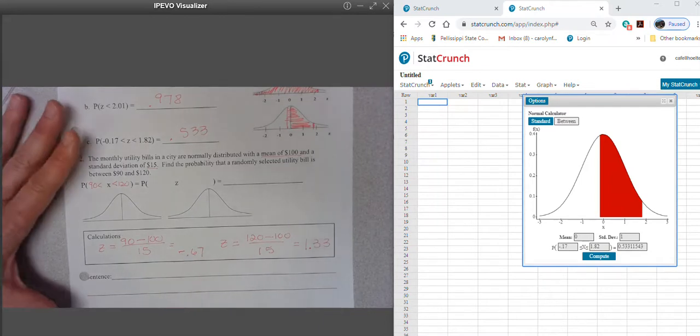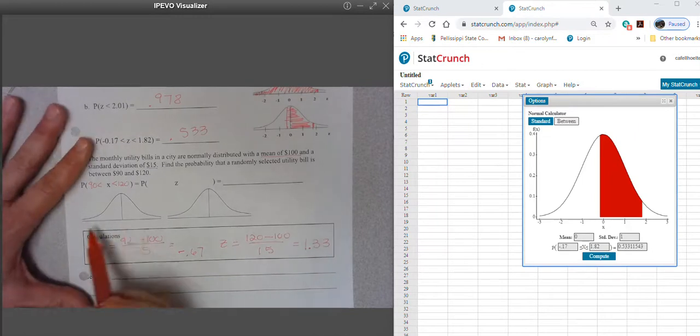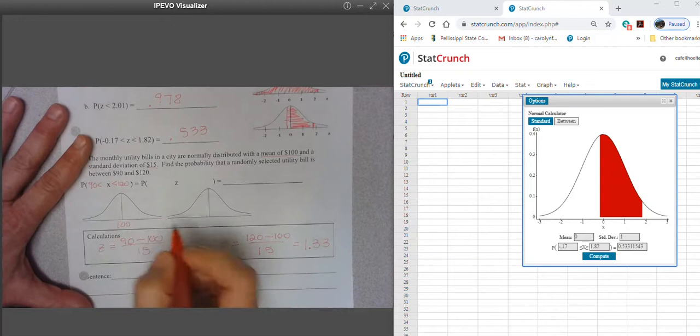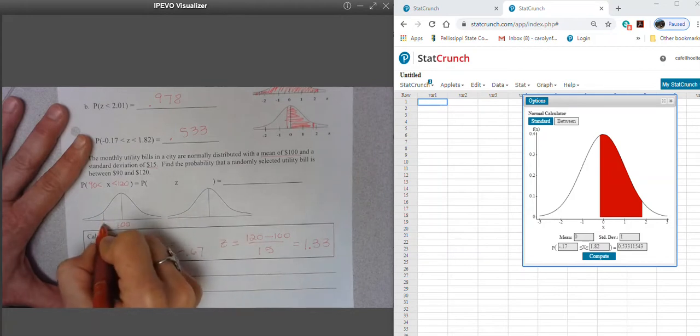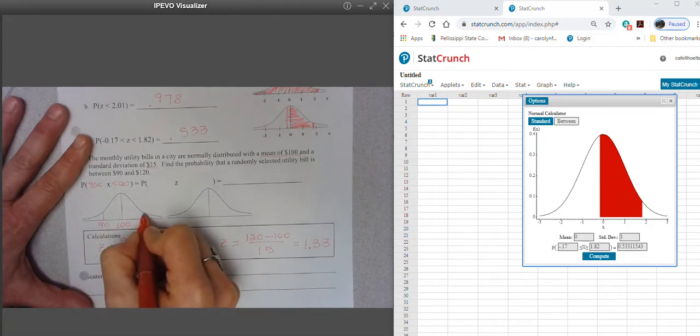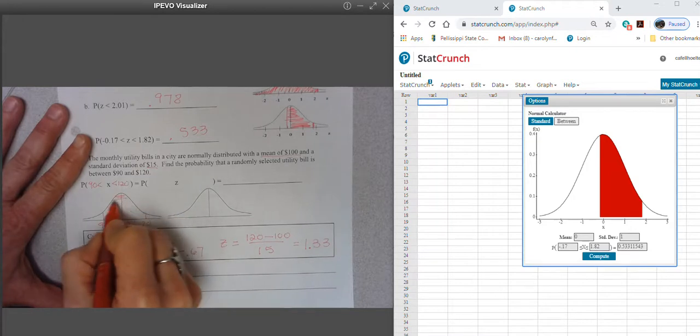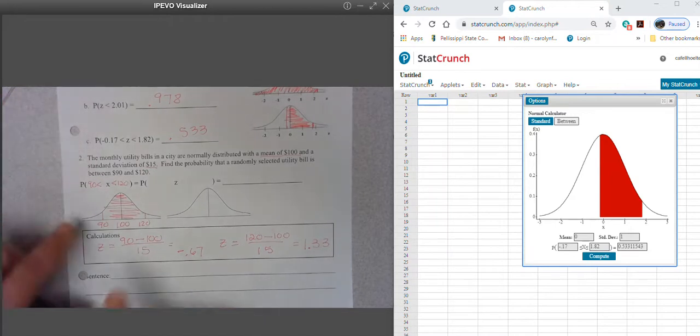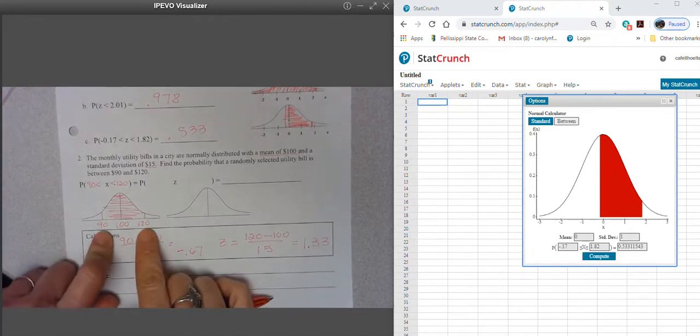So let's look at this. We have this normal distribution of the utility bills. We're told the mean is 100, and we're down here below average, and we're up here above average. We're looking at this area in the middle here. If we can find this area, then we can find the probability that a utility bill would be between $90 and $120.